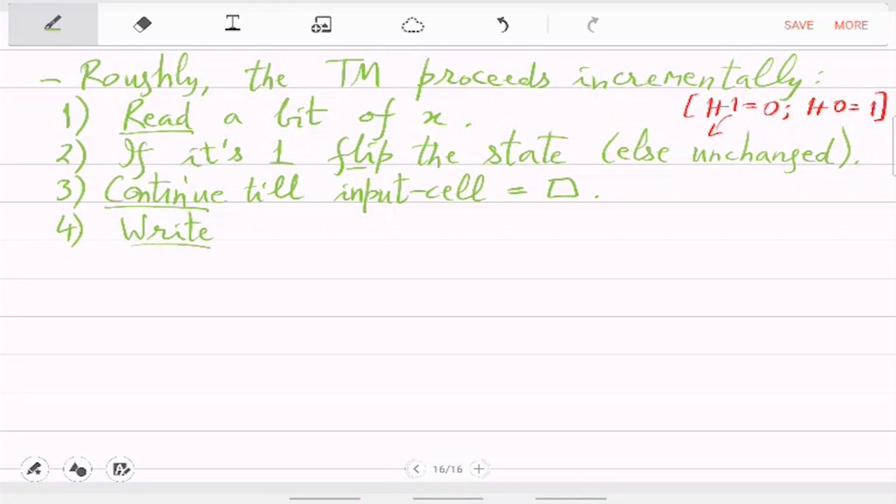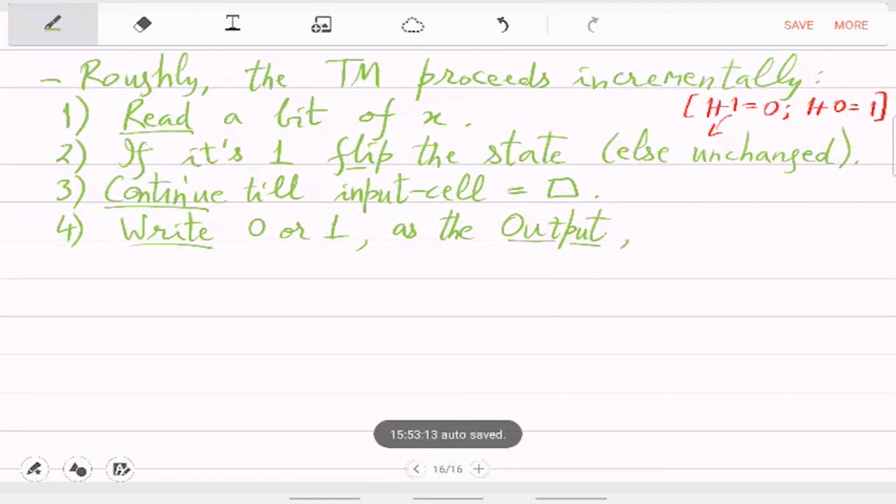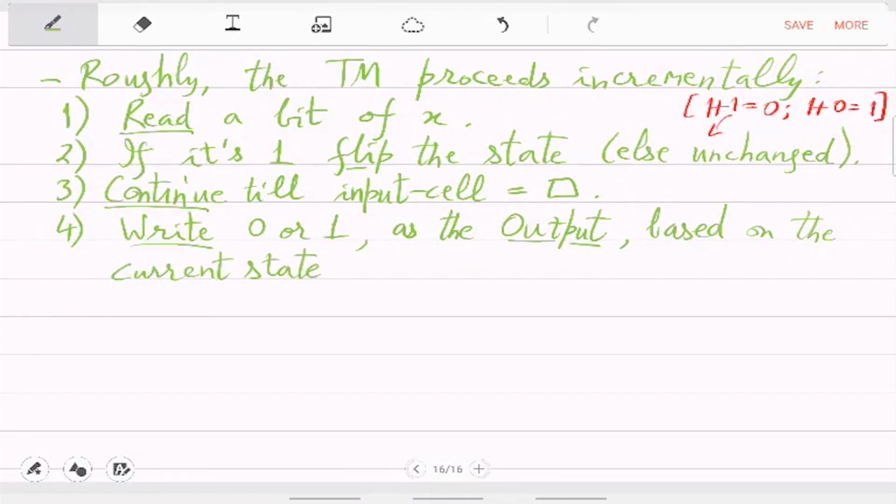So write 0 or 1 as the output based on the current state, and then move to finish.